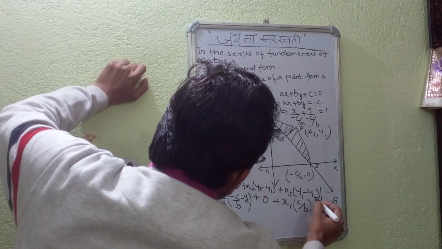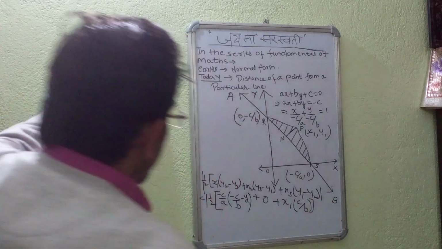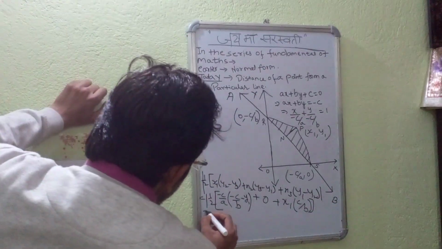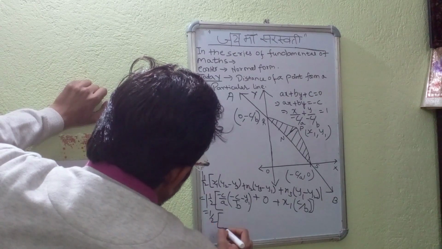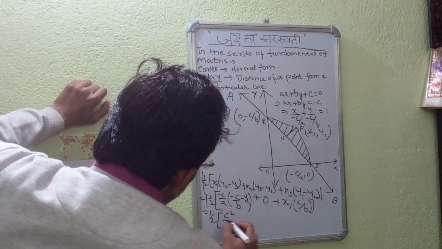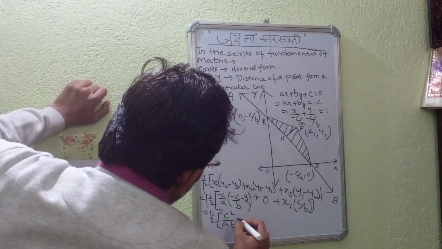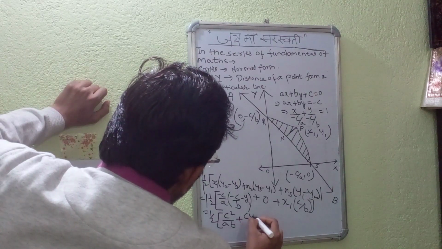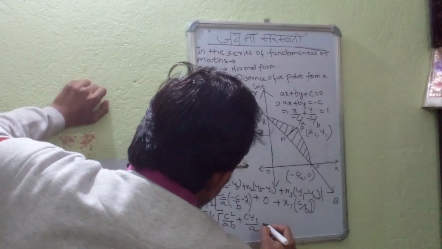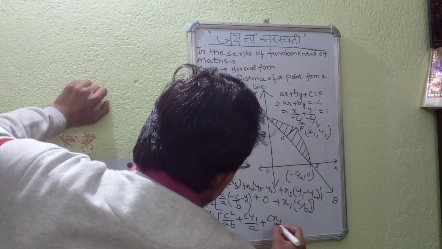Okay, so we will be enclosing it with the bracket. So we had got the result here, half of c square by ab plus c y1 by a plus c x1 by b.